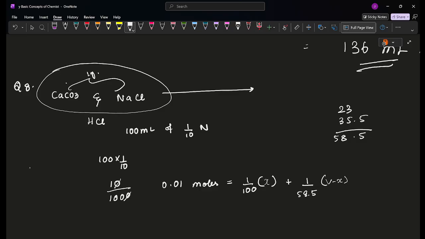But what if we could do 0.5 divided by 100 plus 0.5 divided by 58.5? 0.0135.